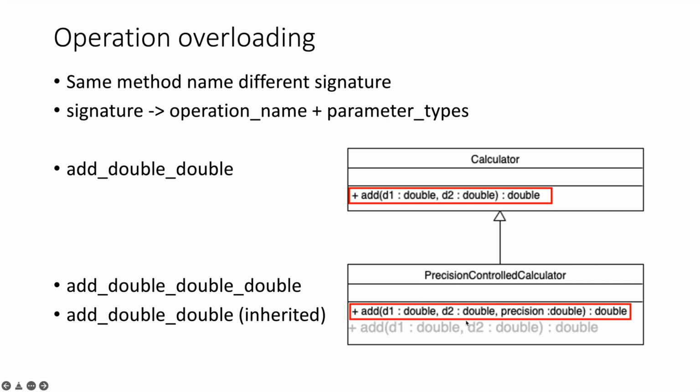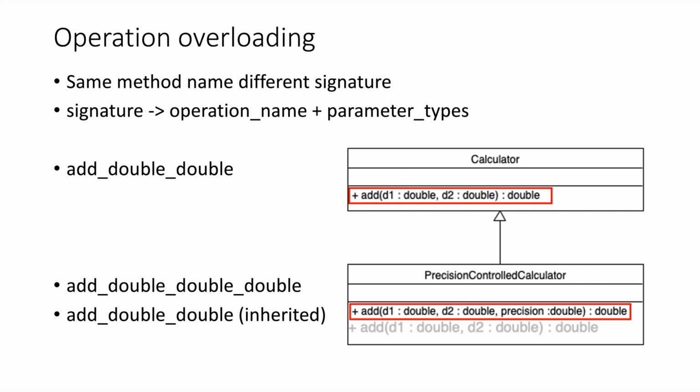So within this class, effectively there are two operations. Now let us apply our rule of operation overloading. The rule is that these two methods have the same method name or operation name, but the parameter signatures are different. So we conclude this is method overloading.